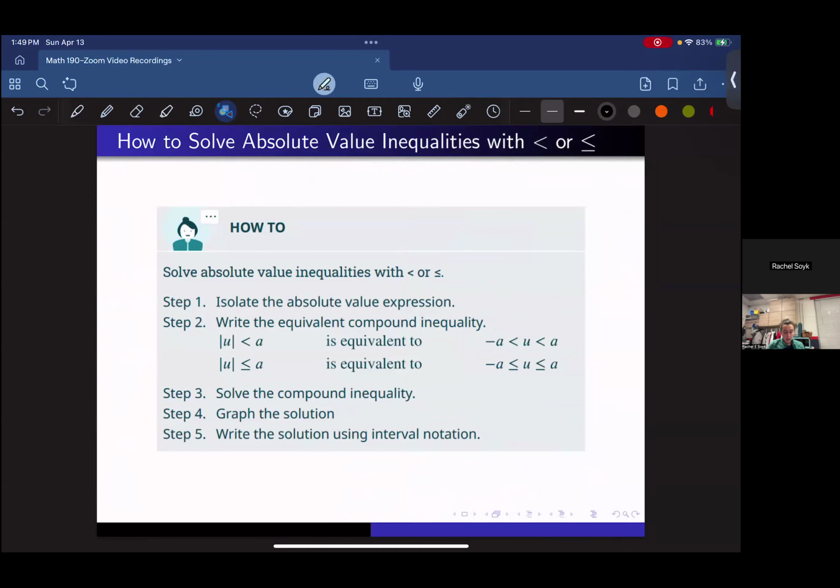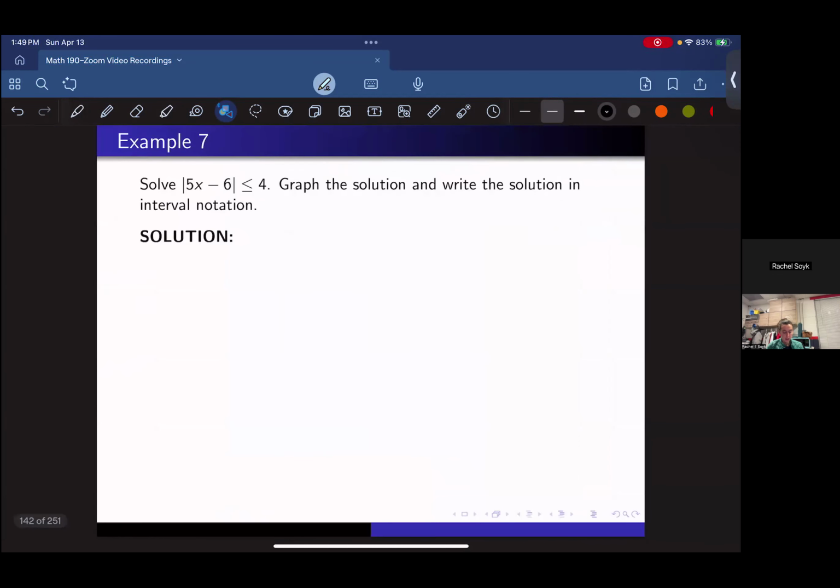This is just a notes slide on solving absolute value inequalities in a step-by-step procedure form. And again, when we're dealing with compound inequalities, we have a little bit more work to do before arriving at the solution. So let's take a look at this compound inequality. Positive case, leave as is.